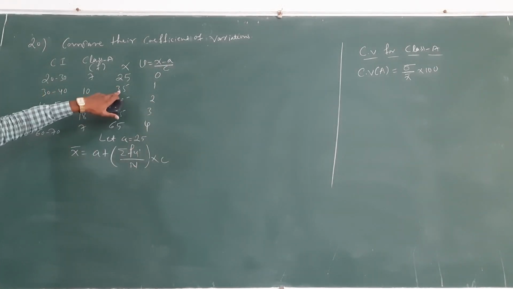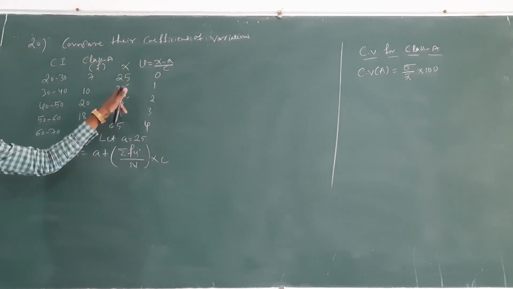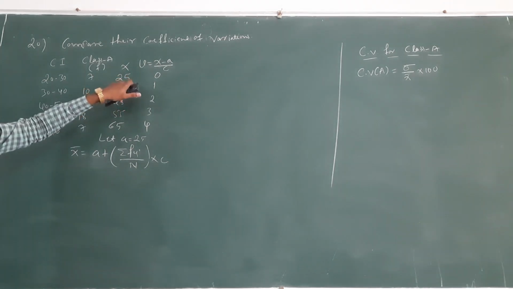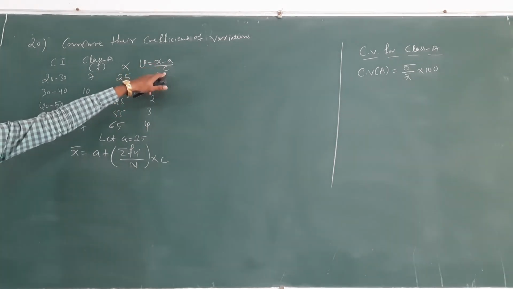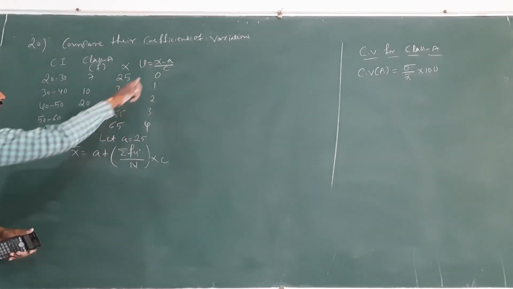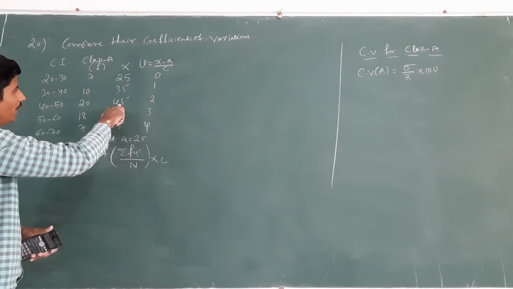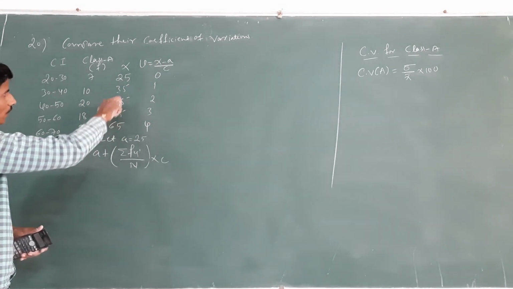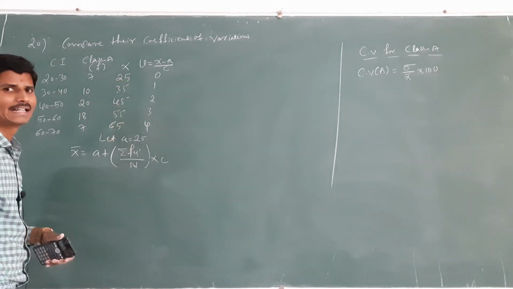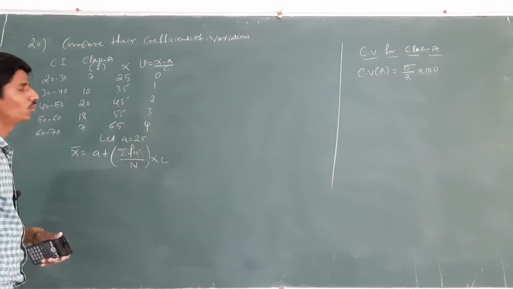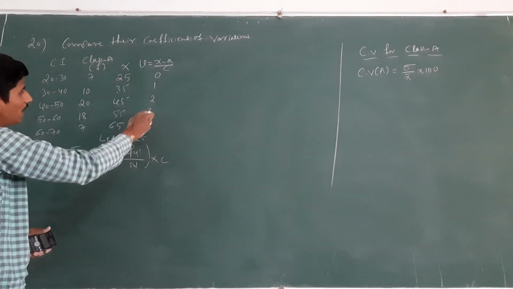Otherwise, if you take 35 as a value, 35 minus 35... 25 is 10, 10 divided by 10 is 1, so it is 1, 2, 3, 4, 5. If you take a equal to 45, 45 minus 25 is 20, 20 divided by 10 is 2, then 2, 3, 4, 5, 6, like this.